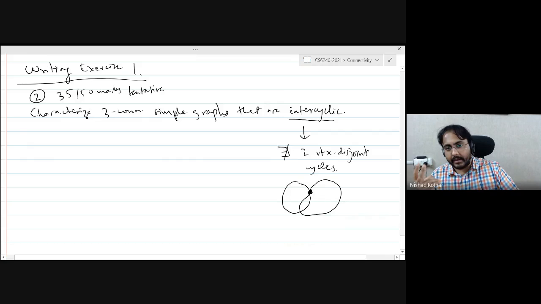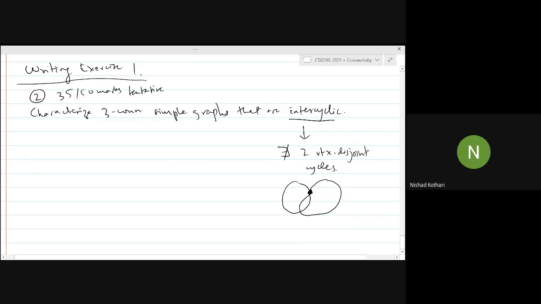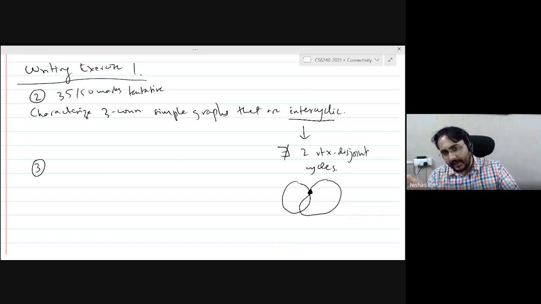Okay. And then in part 3, you are going to answer the following question. If a graph is intercyclic, intuitively, you would expect that you can delete some number of vertices and make the graph acyclic, right?